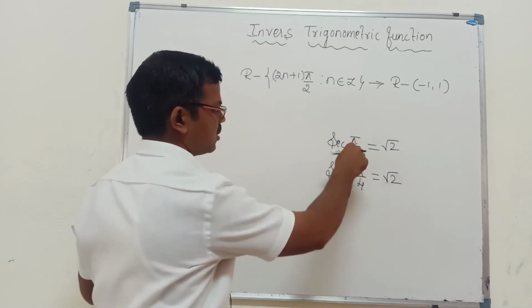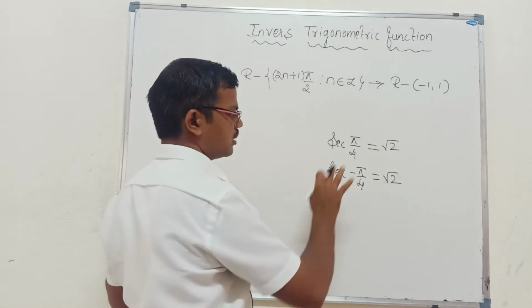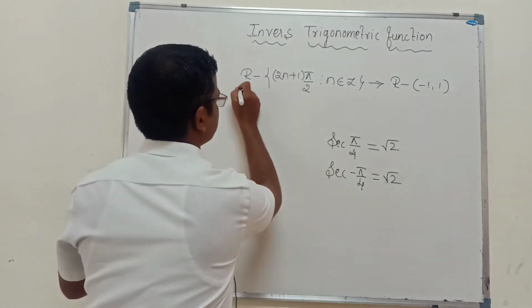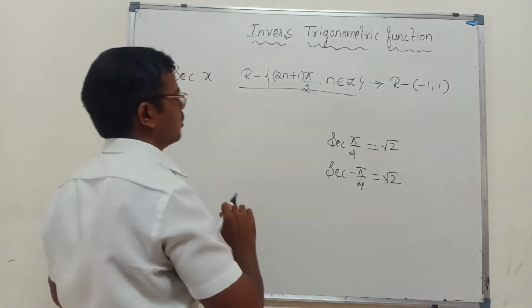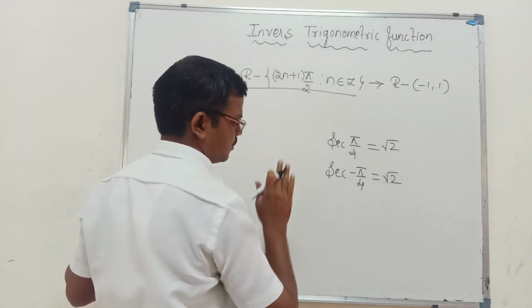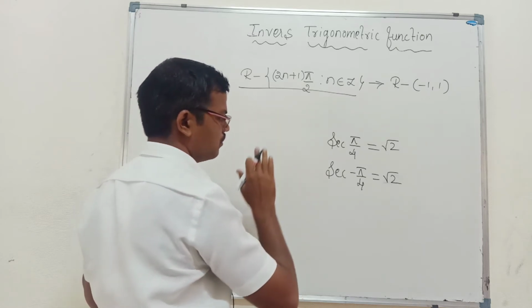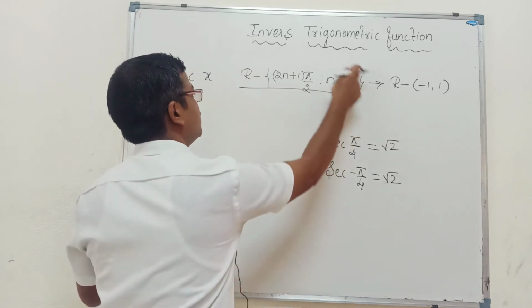So here we got two different elements, but we got the same image. It confirms that it is not 1-1 in this interval. In this domain, our function is not 1-1. So if it is not 1-1, how is it possible to become invertible? It means it is not invertible in this domain.